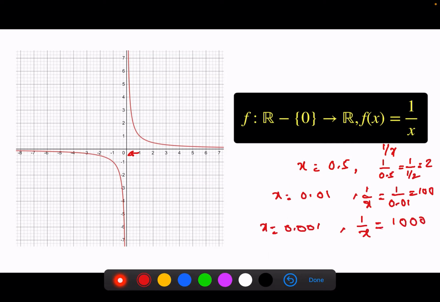So as you get closer to 0, your y values are becoming very large. And as your x increases, because you are dividing 1 by that x, if x is a very large number, the value of the function will become 0.